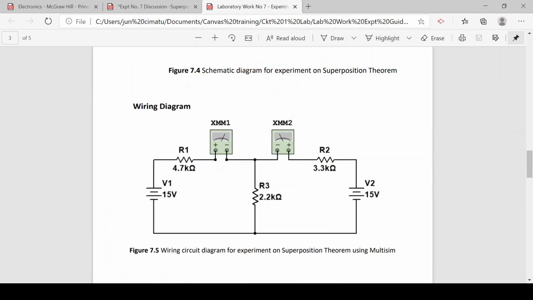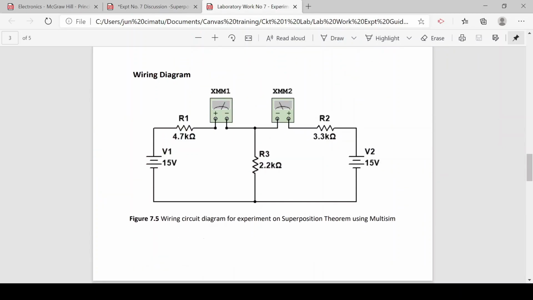In your experiment, you will connect the model circuit for the study of this theorem. We have the voltage B1 set at 15 volts, and B2 at 15 volts.